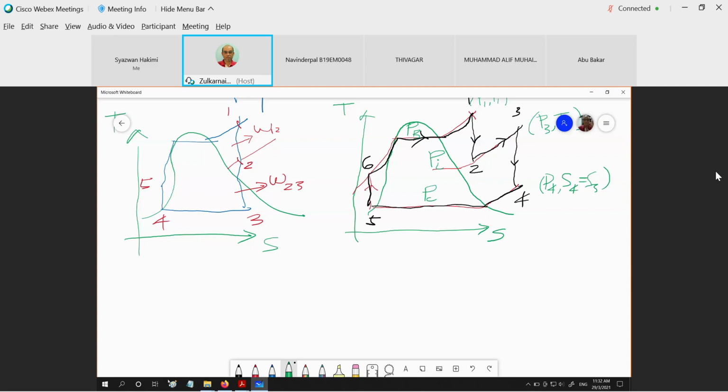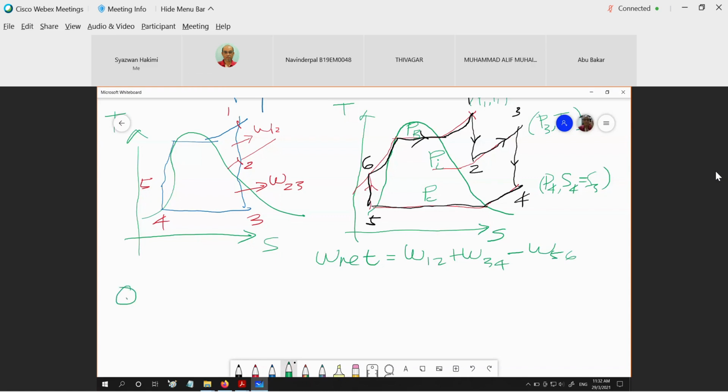So what is our W net? W net is equal to W12 plus W34 minus W56. H1 minus H2, H3 minus H4, H6 minus H5, or v multiplied by P6 minus P5.